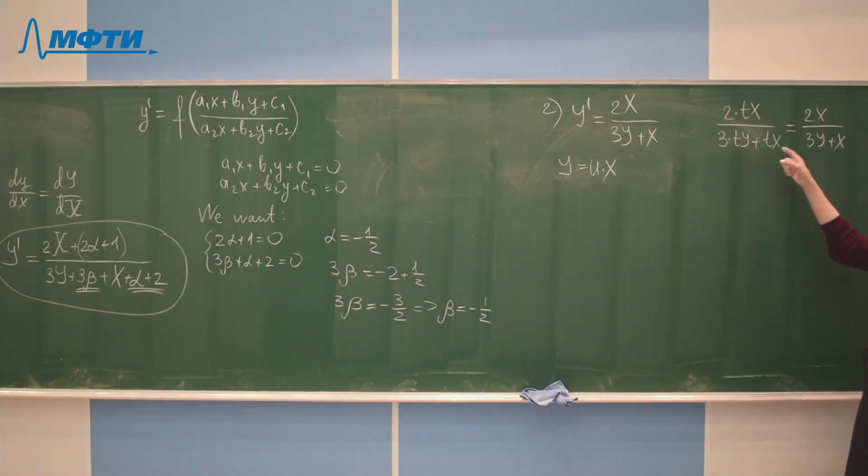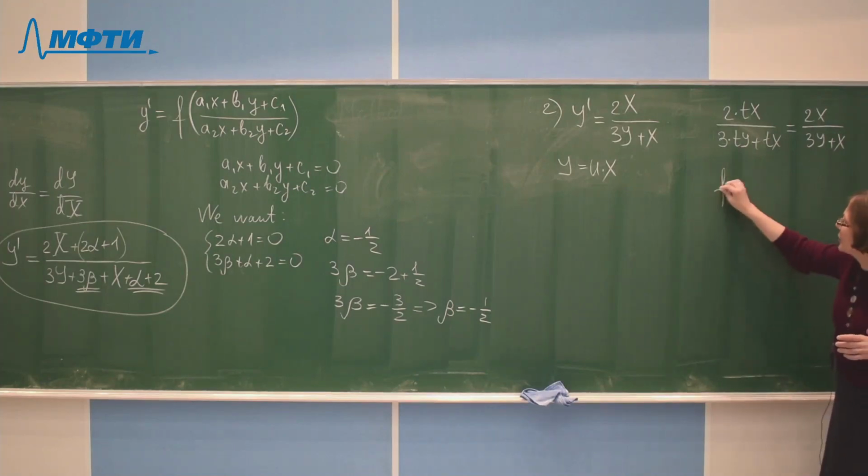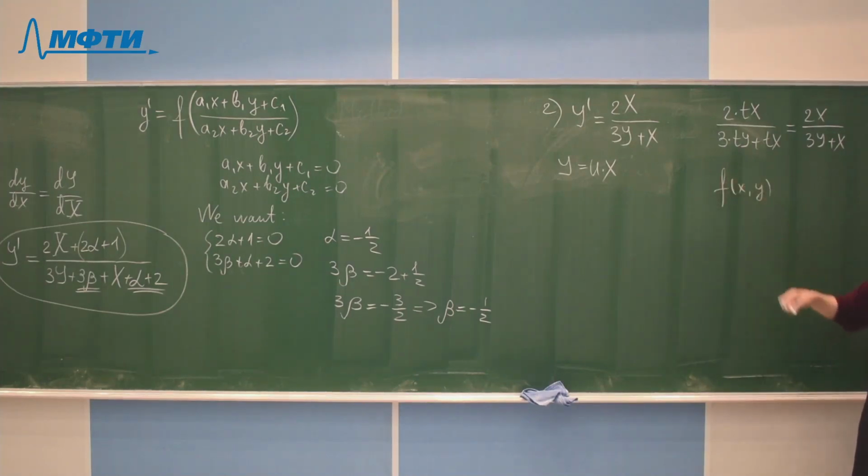A function f of 2 variables x and y is called homogeneous if it is equal to f of tx, ty. To check this, we substitute tx for x and ty for y and check this equality. So this proves that our function and our differential equation are homogeneous.